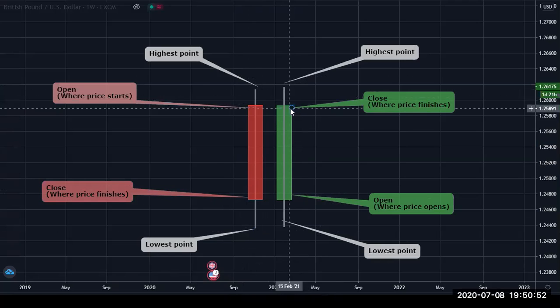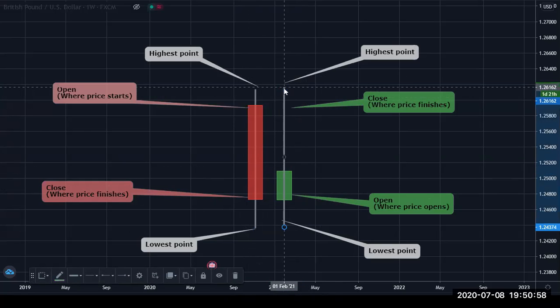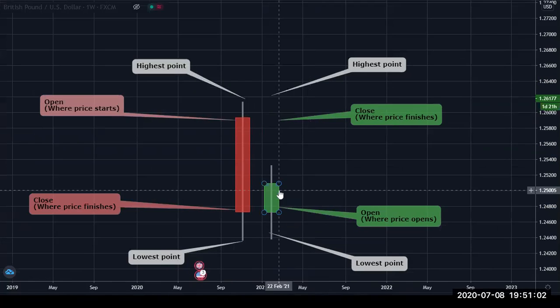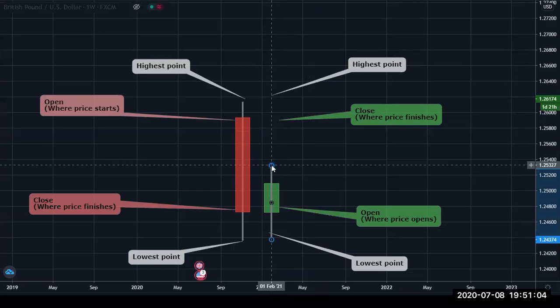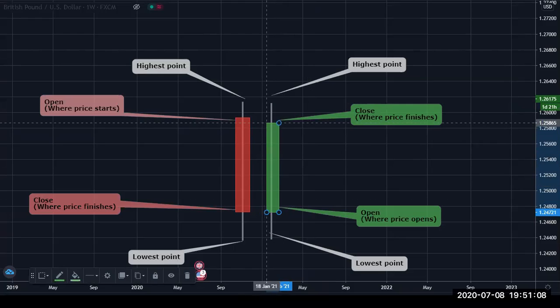Sometimes not all candles are going to be this size. As you trade, you'll see some candles like this. Maybe they'll have a short wick, and then you'll probably see another bullish candle next to it. Or even the same thing for a bearish candle. This candle might seem like a very big candle.